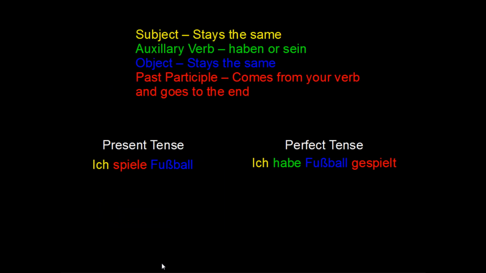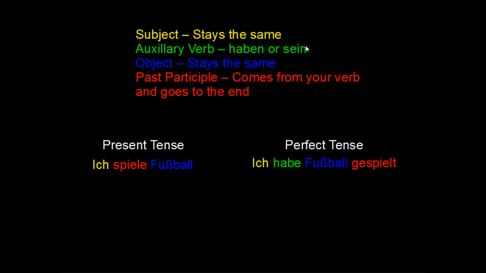In brief, the subject will stay the same. So if your subject is ich in the present tense, it will be ich in the perfect tense. Your auxiliary verb doesn't have to exist in the present tense, but it does in the perfect tense, and it can be haben, which is here, or sein, which is here.